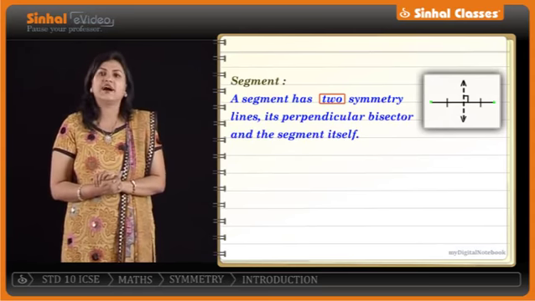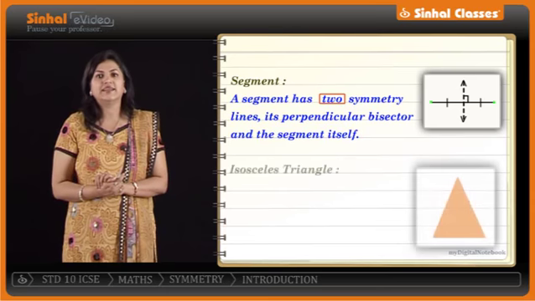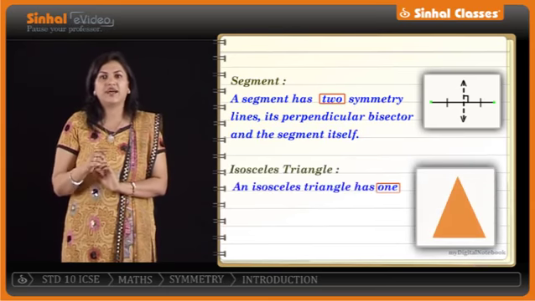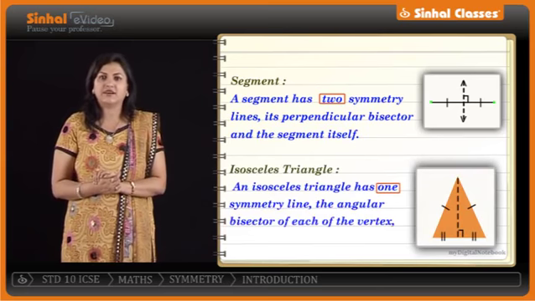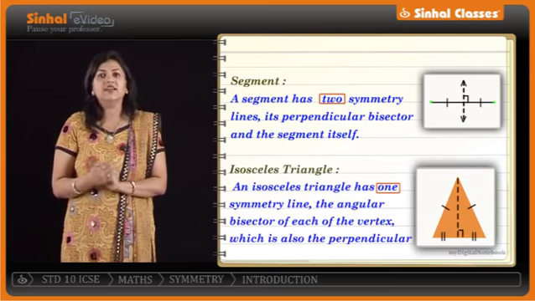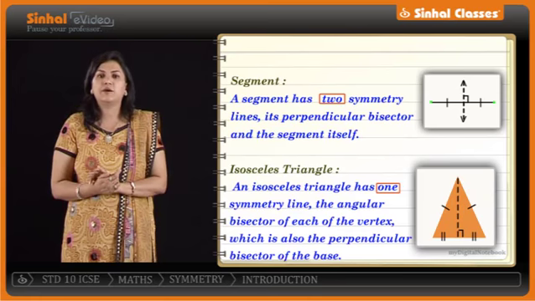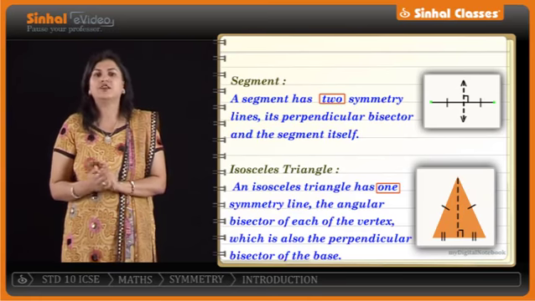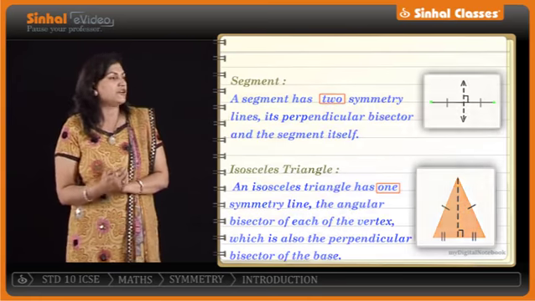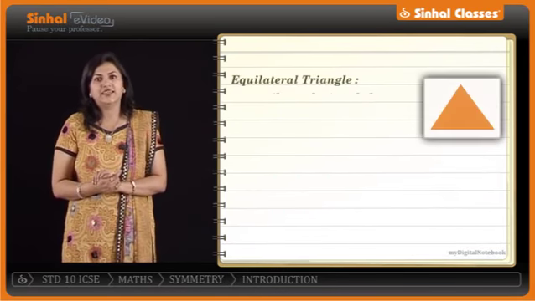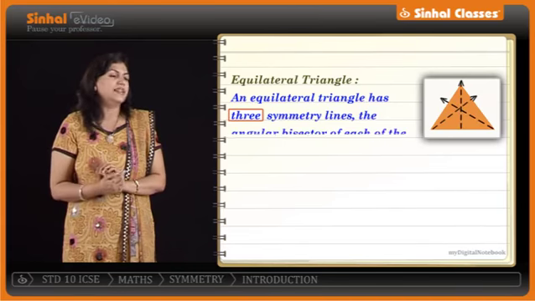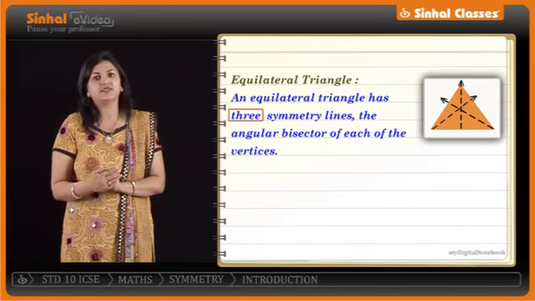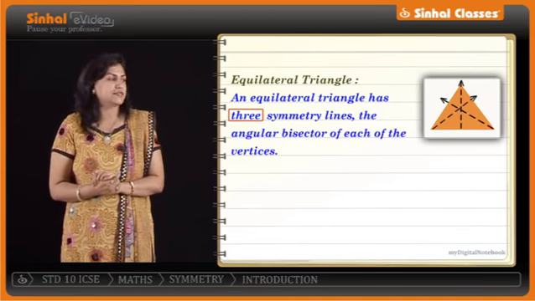An isosceles triangle has one line of symmetry, which is the angular bisector of the vertex angle, which will also be the perpendicular bisector of the base. For an equilateral triangle, there are three lines of symmetry. They are the angular bisectors of the three angles.